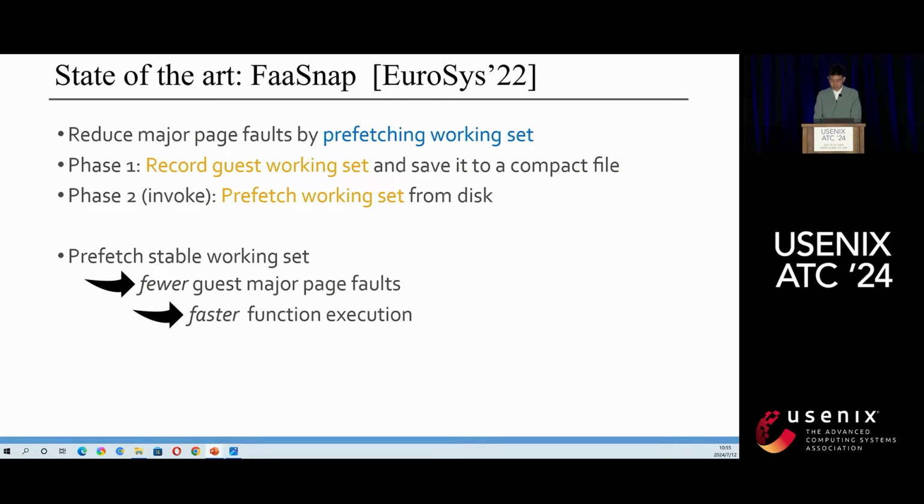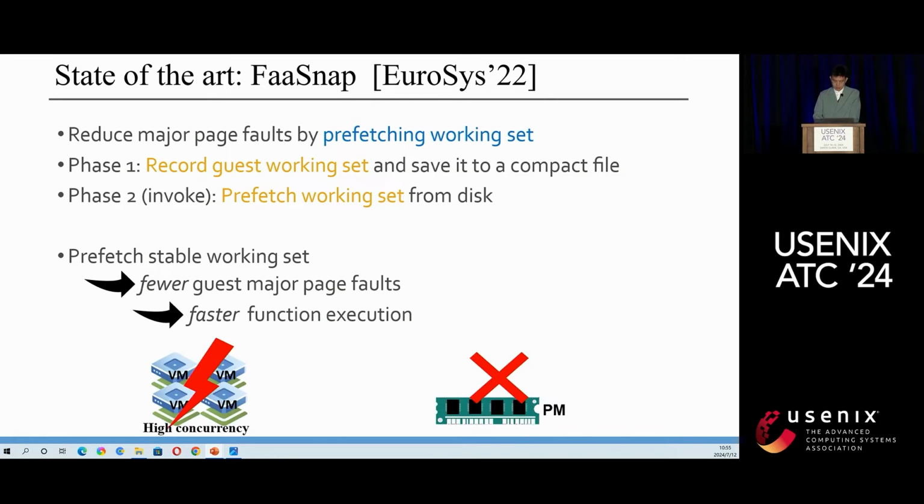Prefetching the working set reduces guest page faults, thus accelerating program execution. However, it is not suitable for high concurrency scenarios and other memory architectures like persistent memory. We'll discuss the details later in the case study section.